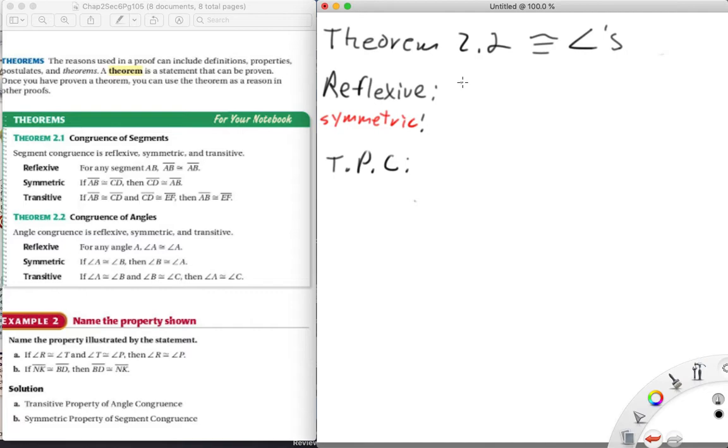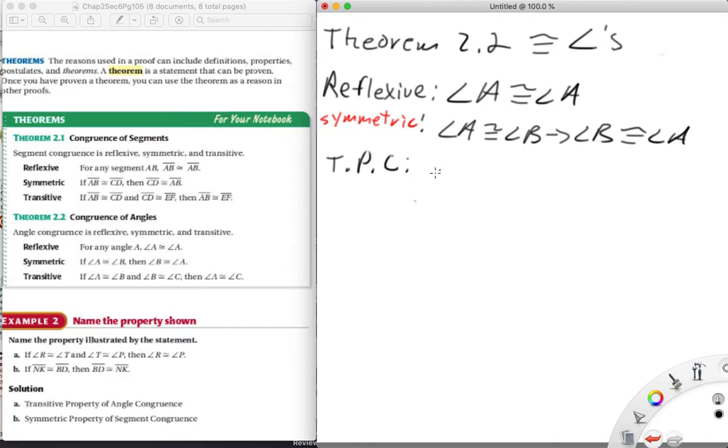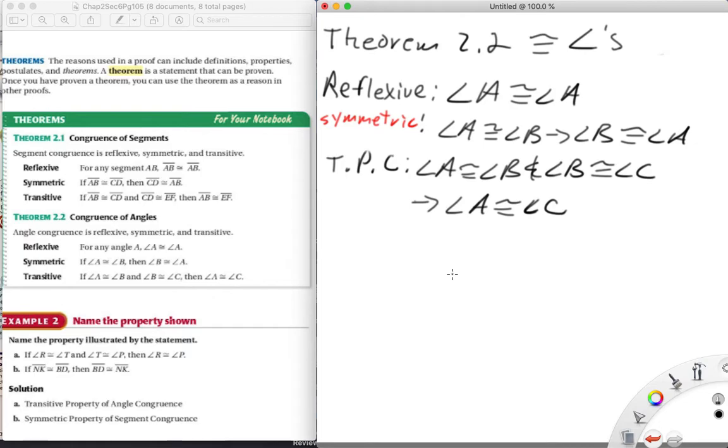So reflexive property, angle A is congruent to angle A. Symmetric, if angle A is congruent to angle B, then angle B is congruent to angle A. Transitive property, if angle A is congruent to angle B, and angle B is congruent to angle C, then angle A is congruent to angle C. The same three rules.